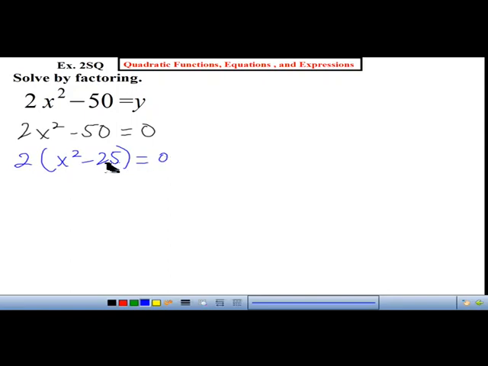Can we factor the one inside of the parentheses, x squared minus 25? Yeah, Tony, what do I do for this piece? Square root. Yeah, take the square root. We get x, 5, it's a subtraction, so plus, minus.